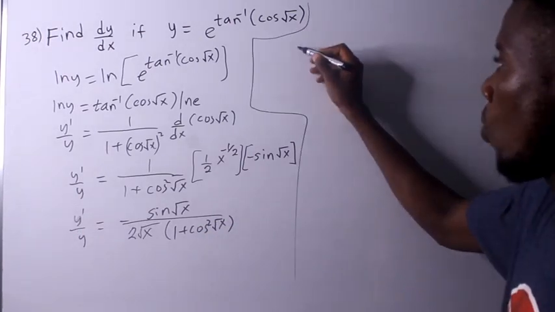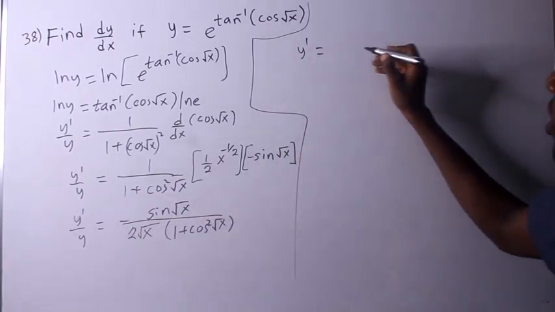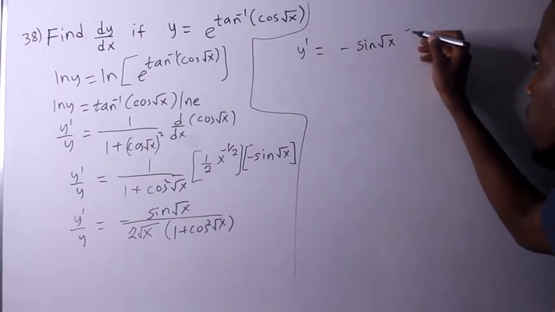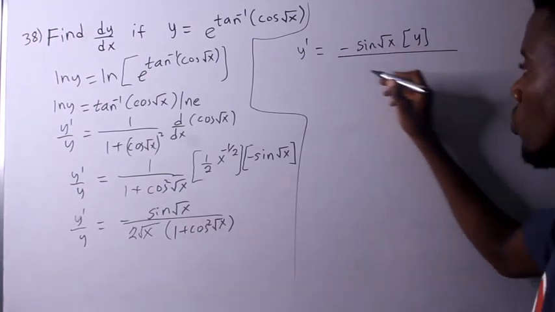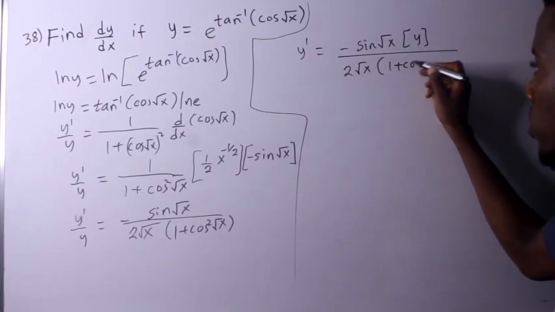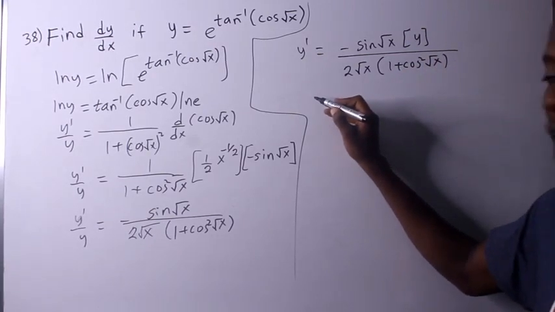So I'm going to have y prime equals, now y times this is going to give me minus sine of root x times y. So I put this y in brackets, all divided by 2 root x, parenthesis open, 1 plus cos squared root x. Great. But what is y?